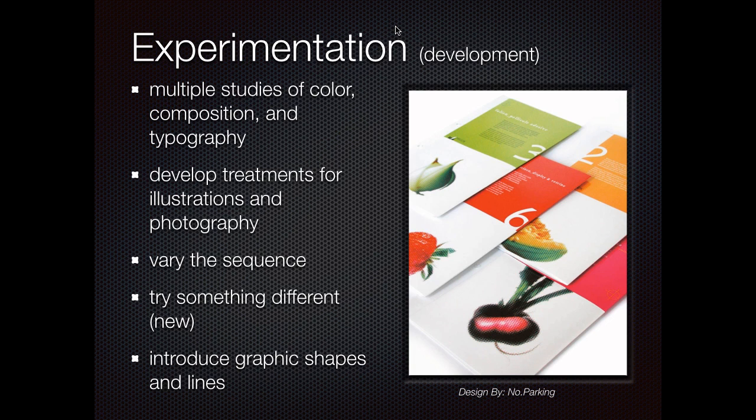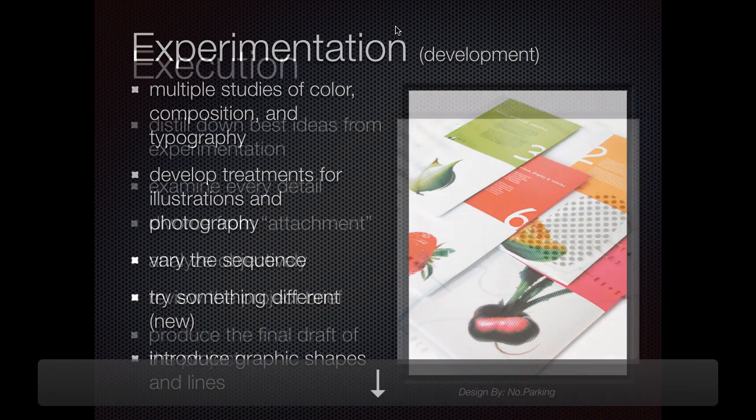And as you develop those different treatments, you change the colors, you change the fonts, you change these things, right? You start to sort out, oh, that one's not good, that one's not good, that one's not good. And you start to collect, this is good, this is good. And then you start to compare the ones that are good and you start to build upon that. Same thing happens in architectural design where you start throwing out ideas, what fits, what doesn't, and you snowball that into what the final project is going to be, right?